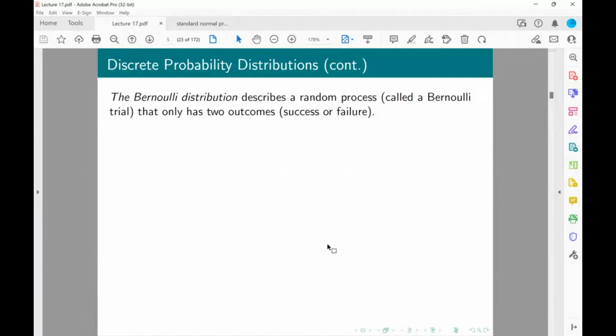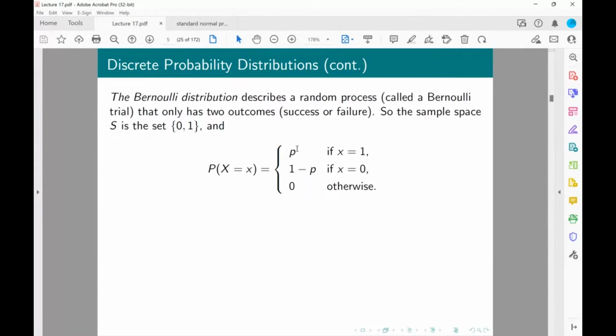Something a little bit more interesting is the Bernoulli distribution. This describes something which could have a pass or a fail, a success or a failure. We assign a probability if we pass and give it a complement probability if we fail. So it's really just whether something happens or doesn't happen, just two outcomes that we're interested in. It's given by this expression. You can see that we can define this for any p. I'm not sure if I stated this, but this is assuming that p is between 0 and 1 for this to make sense.